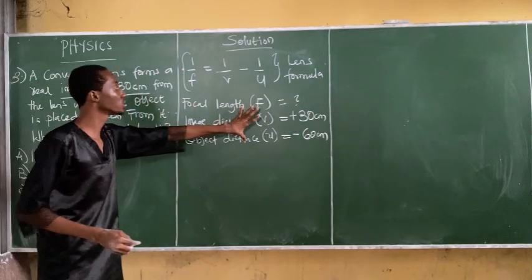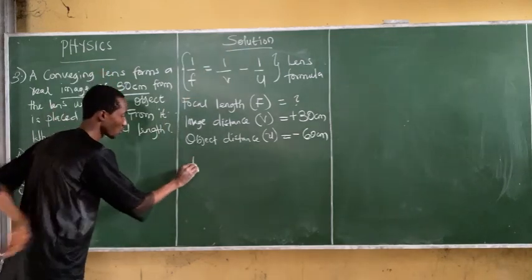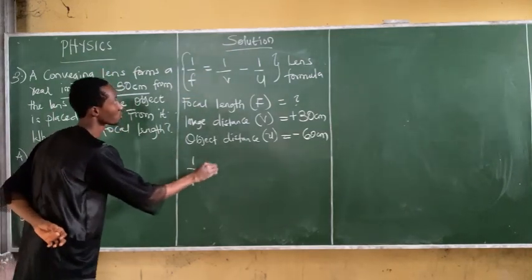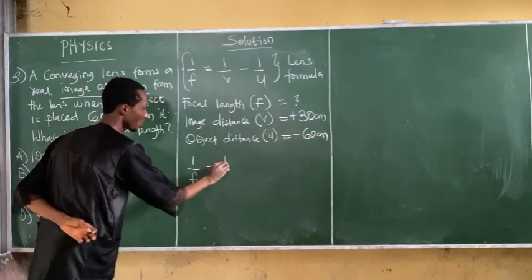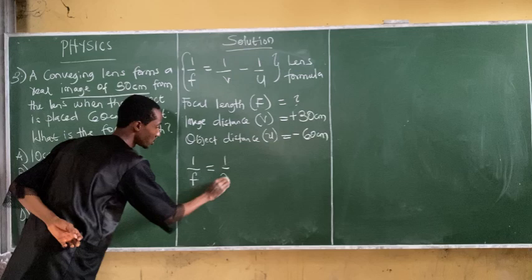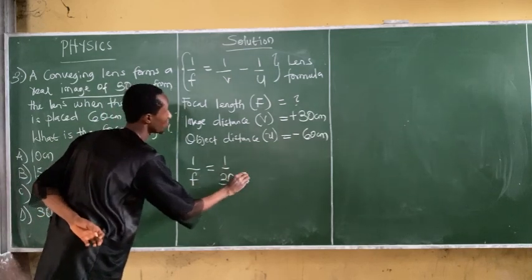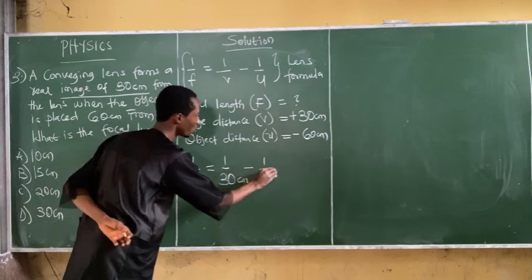If we input this into the lens formula, we're going to have 1 over f is equal to 1 over v minus 1 over u.